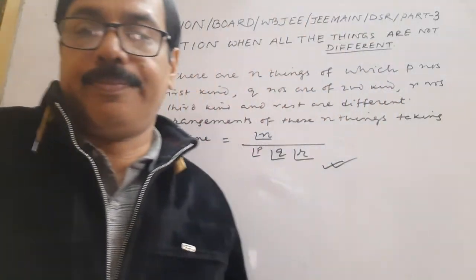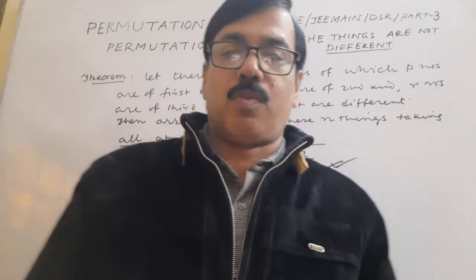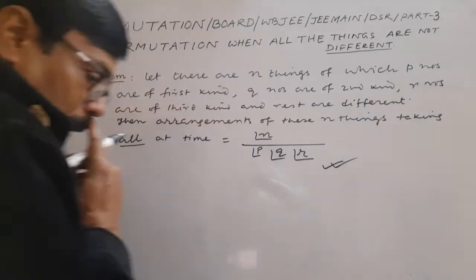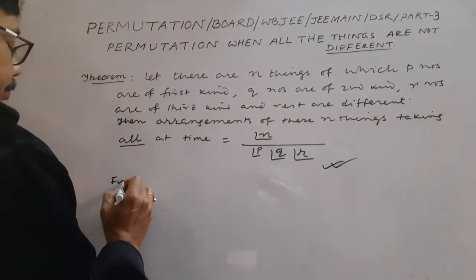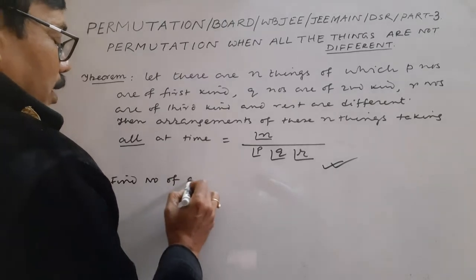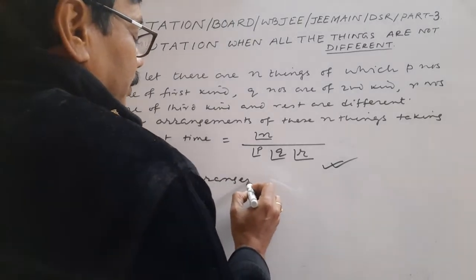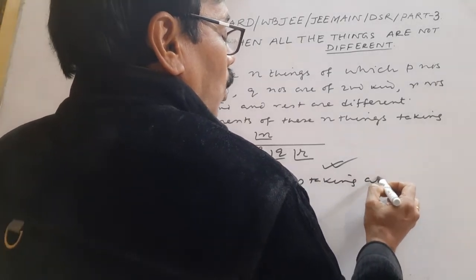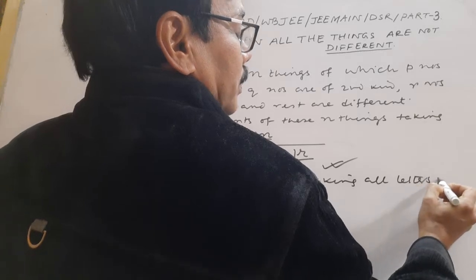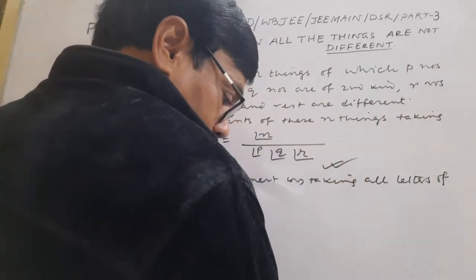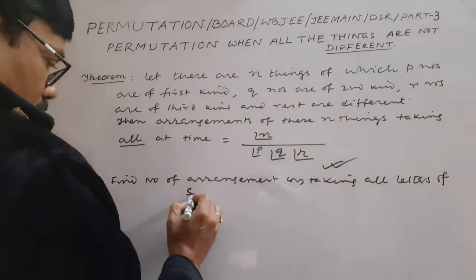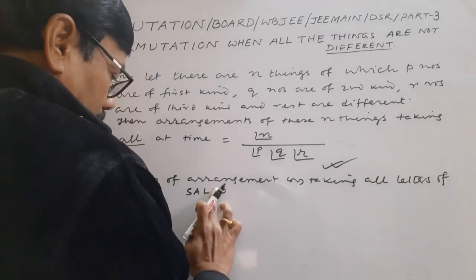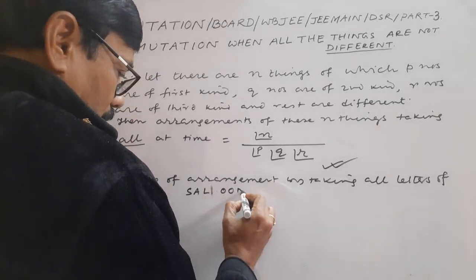So first of all, I will take the simplest problem. Find the number of arrangements by taking all letters of SALOON.